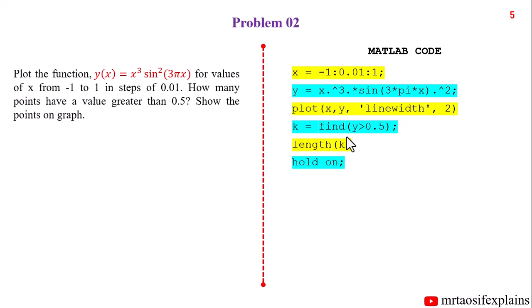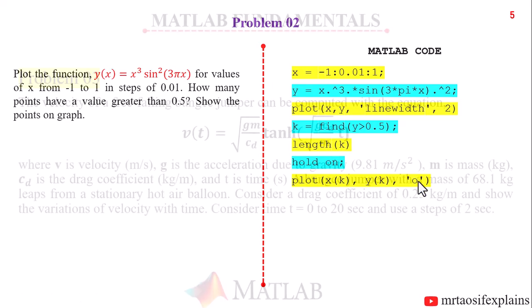Second plotting is we want to mark the values which are greater than 0.5 for step size 0.01, right? So we are plotting the next thing, which is x of k and y of k, and we will demark those points using this sign. I think that is not 0, that is O, however.